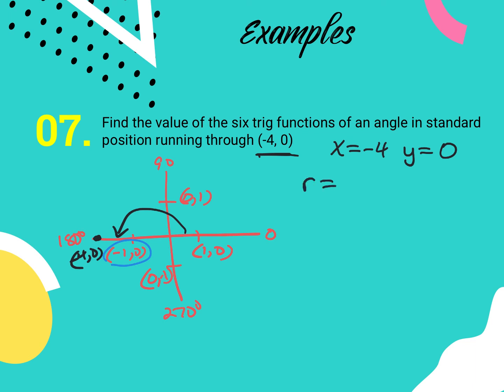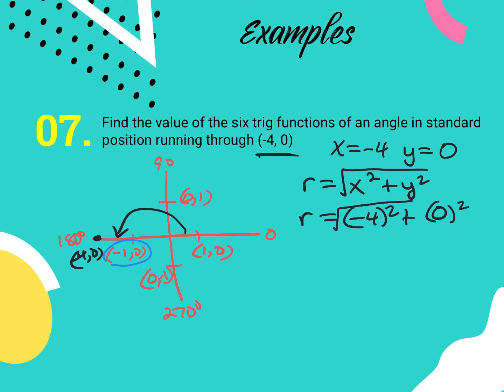So what we would do is r equals the square root of x squared plus y squared, -4 squared plus 0 squared, r equals the square root of 16 plus 0, the square root of 16 is plus or minus 4. But again, r is always positive, so we only want to keep the 4.